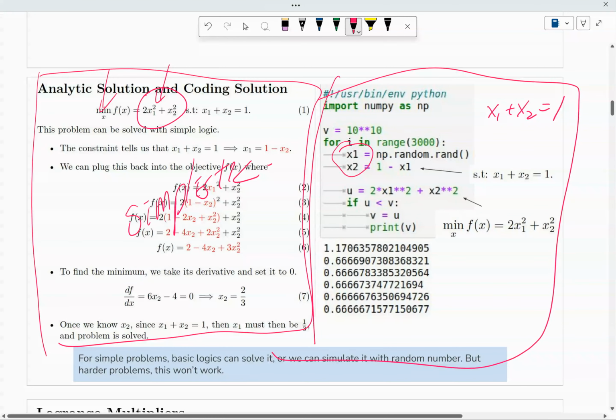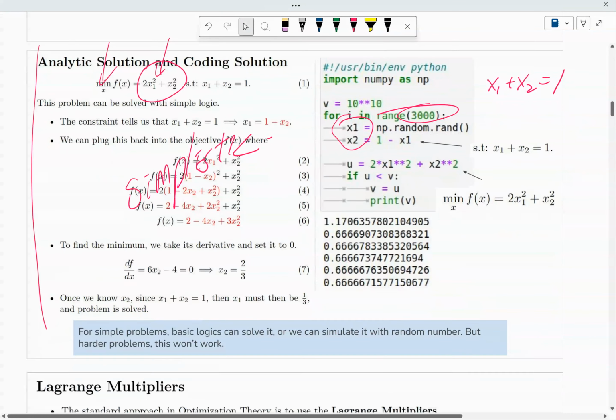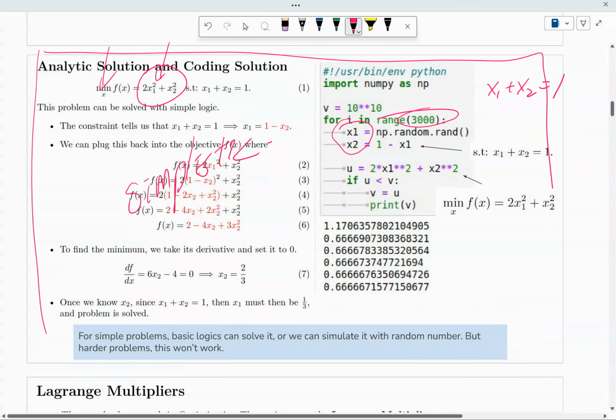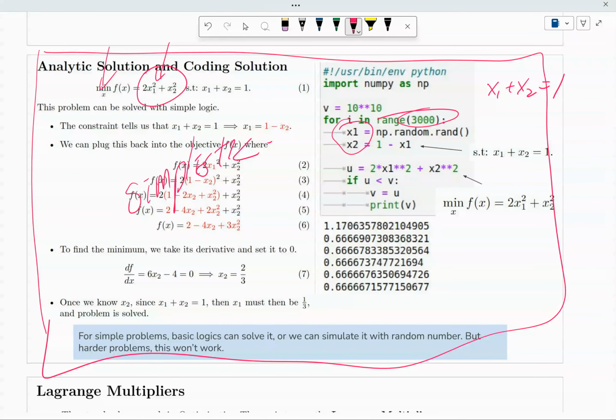You just keep generating numbers and keep finding ones that are lower. And this could take a long time. Notice I ran it 3,000 times, so it could take a while to find a good solution. These are the two ways, but of course, I'm not recommending them. These are ways you can use right now if you haven't learned anything new.